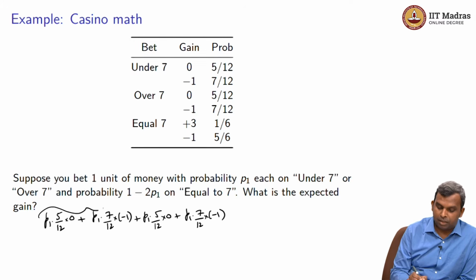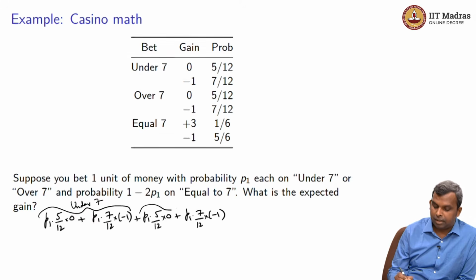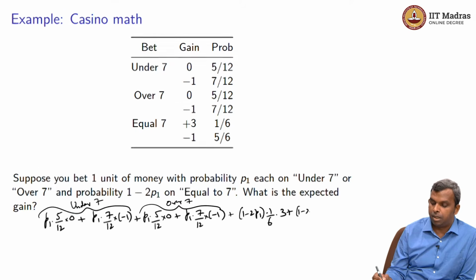This is the case where I would have bet under 7. Plus P1 times 5 by 12 times 0 plus P1 times 7 by 12 times minus 1. This is the case where I would have bet over 7. And then I do 1 minus 2 P1 times 1 by 6 times 3 plus 1 minus 2 P1 times 5 by 6 times minus 1, isn't it?